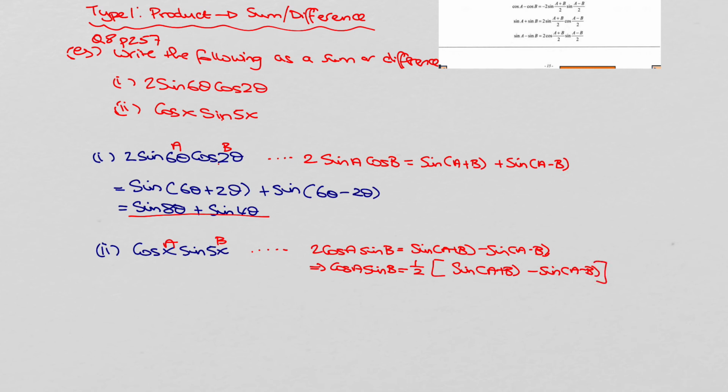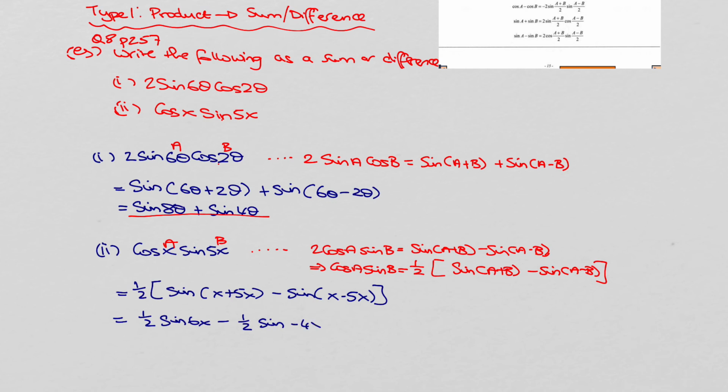Now all I have to do is put in my values. So I have a half times sine of A plus B; A is x and B is 5x; minus sine of A minus B. Therefore that's a half sine 6x minus a half sine minus 4x.